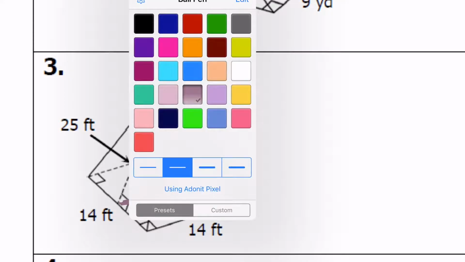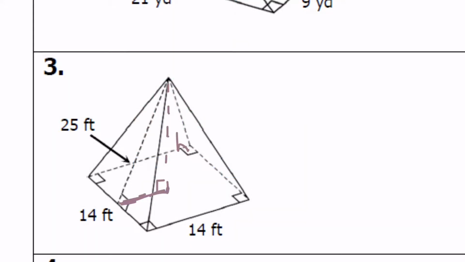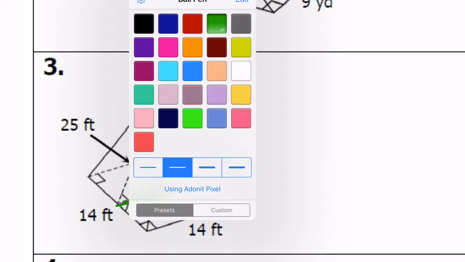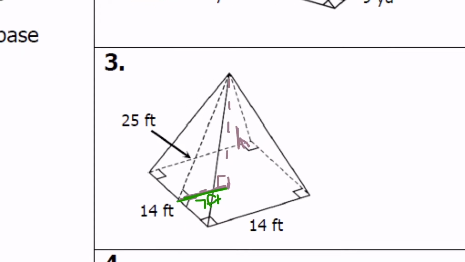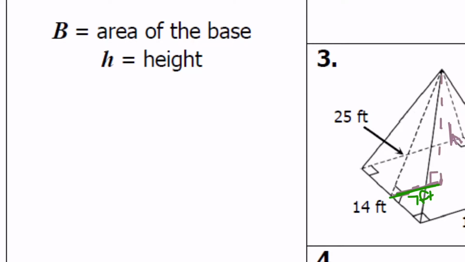Okay, since this is from the center to the edge of the square, this is 7 feet. Now I can find my height of this triangle I just made by using my Pythagorean theorem. So I'm just going to do that over here. I'm going to have 7 squared plus h squared equals 25 squared.